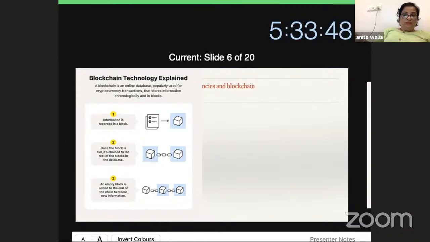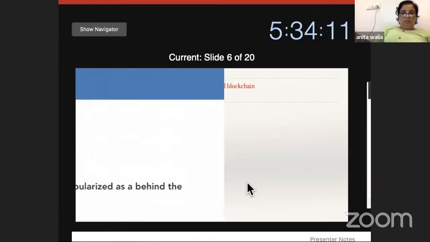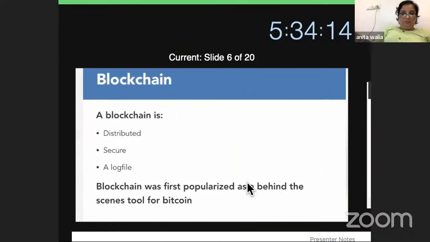So blockchain is a distributed, secure log file. What that means is that many people can access this ledger book, and it is protected by a super secure username and password. It contains a complete record of every transaction ever recorded on the blockchain. Blockchain was first popularized as a behind-the-scenes tool for Bitcoin, right?